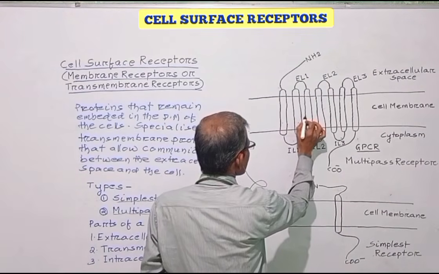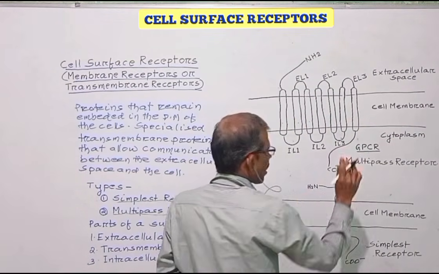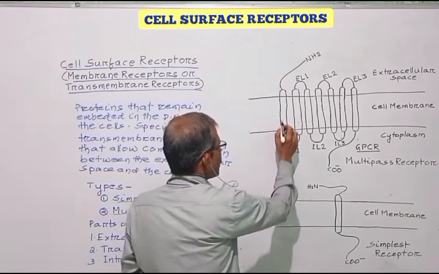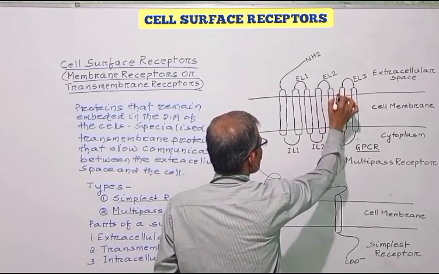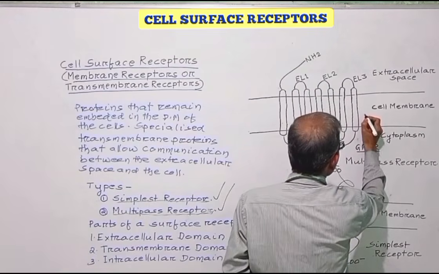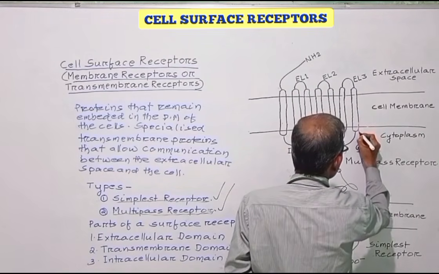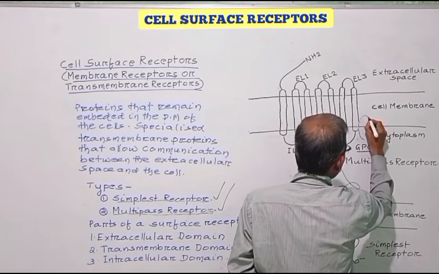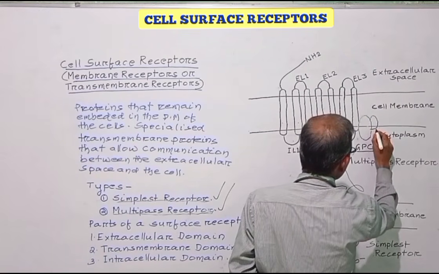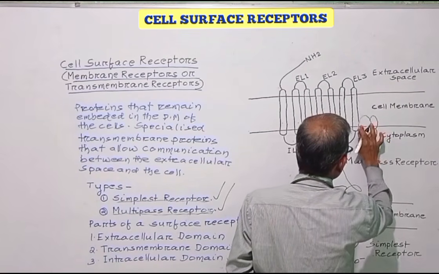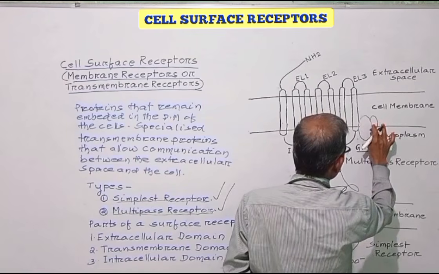These are the transmembrane segments which are alpha helices. Adjacent helices are interconnected by loops. The GPCR remains associated with G protein, which consists of 3 different subunits.